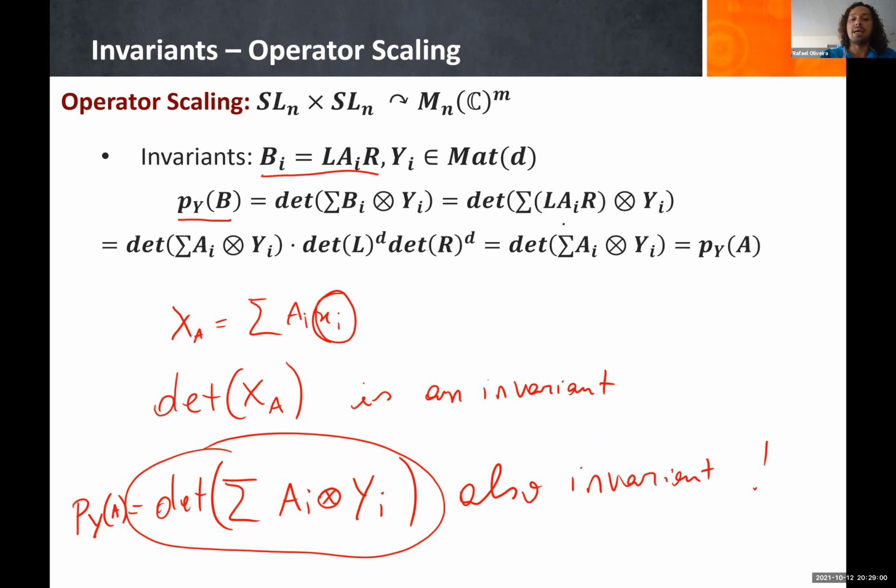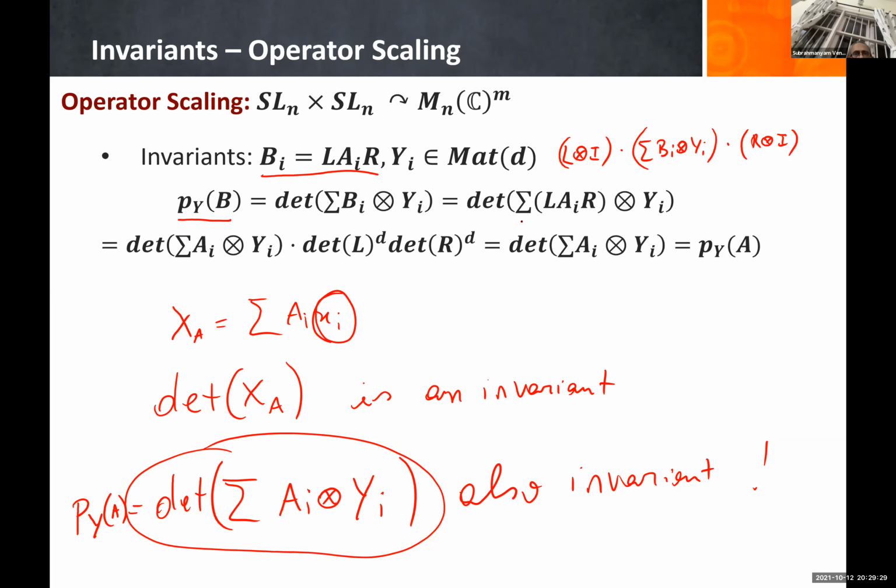But now notice that this is the same as just writing L tensor the identity times the determinant of the sum of Ai tensor Yi, times, and here the times are matrix multiplications, R tensor the identity, correct?